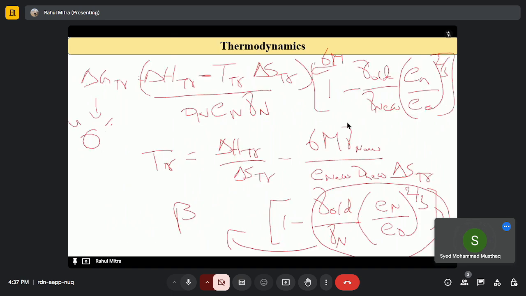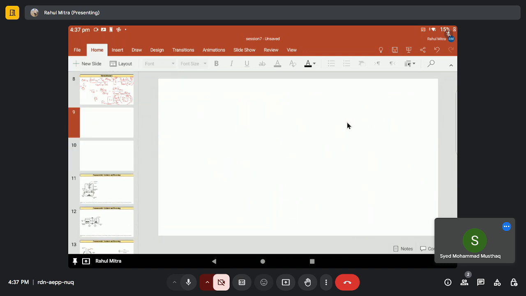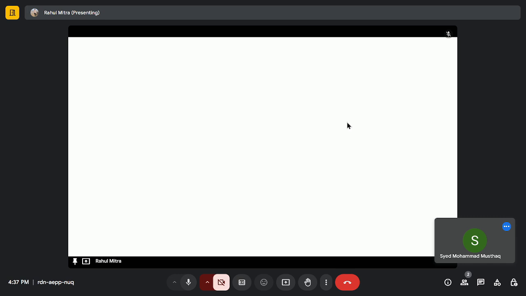Now again, let me add a few more slides. What is our change in transition temperature? What is the delta T? How much are we seeing the change? To quantify it, we represent T bulk or T old minus T transition, the current transition temperature.